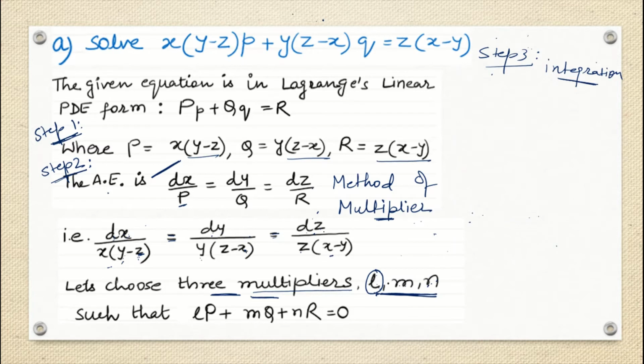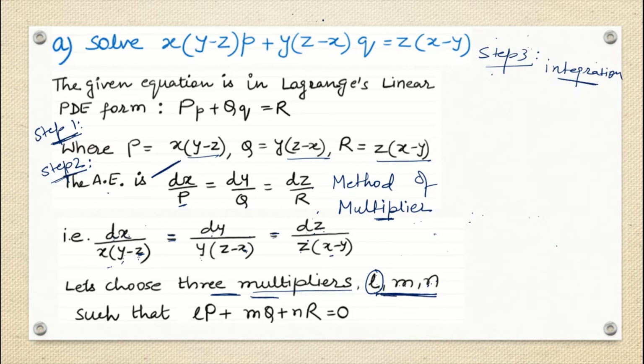Those L, M, N can be any functions of x, y, z, and they can be the same or different also, correct? Suppose you are taking constants, the constants can be the same or different, that doesn't matter. Fine.